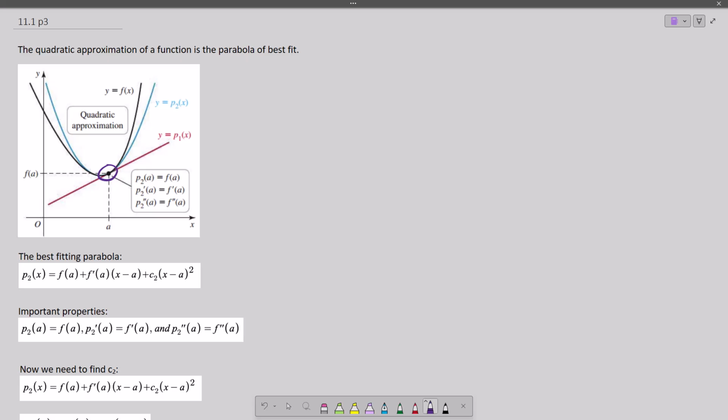You've got to be right near that point of tangency. As soon as you move away from the point of tangency, the tangent line is crap in terms of approximations. And if you move over to here, there's the tangent line value and there's the function value, right? Terrible! The linear approximation is only good when you have a very narrow field of vision. Only when you're very close to a. It's the only time it's good.